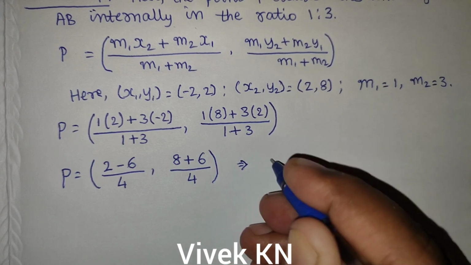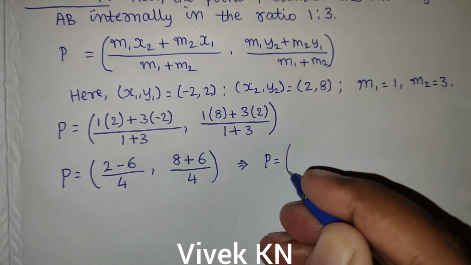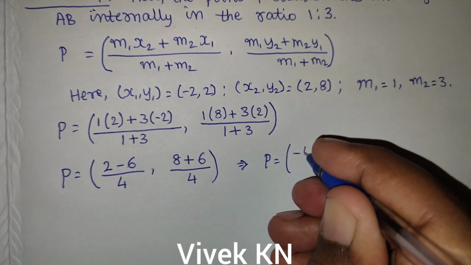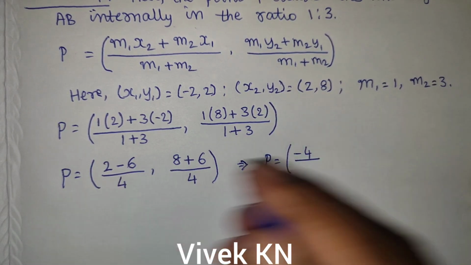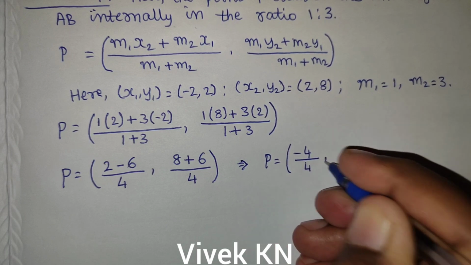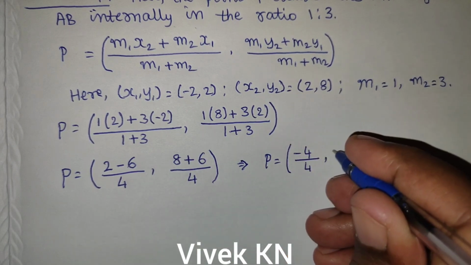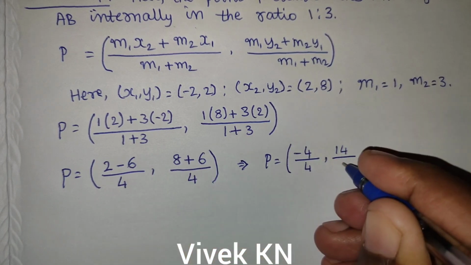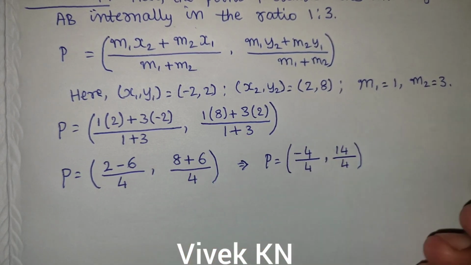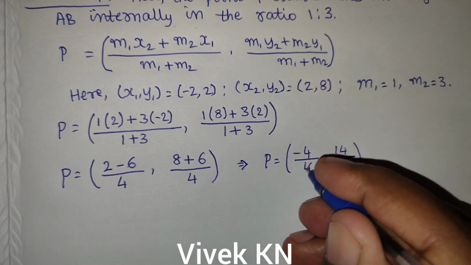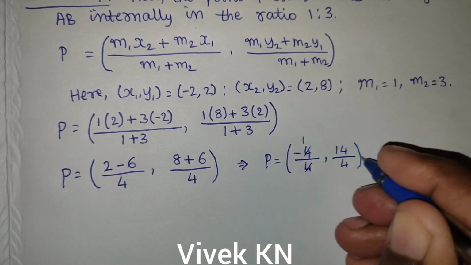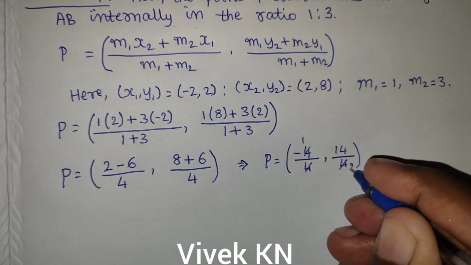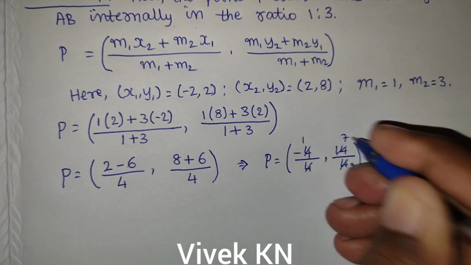This implies P is equal to minus 6 plus 2 gives minus 4, divided by 4, comma, 8 plus 6 gives 14, divided by 4. That is, here 4 gets cancelled, and when we divide 14 by 4 we get 2 2s are 4, 2 7s are 14.